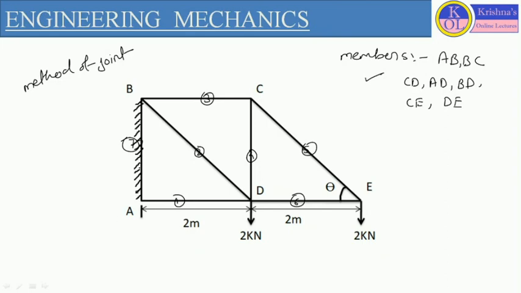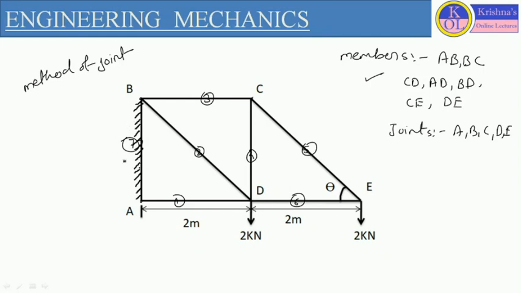Now let's consider the joints. Here we have joints A, B, C, D and E, so in total 5 joints. We have 5 joints and 7 members. But actually this truss consists of only 6 members, because AB is a fixed member.